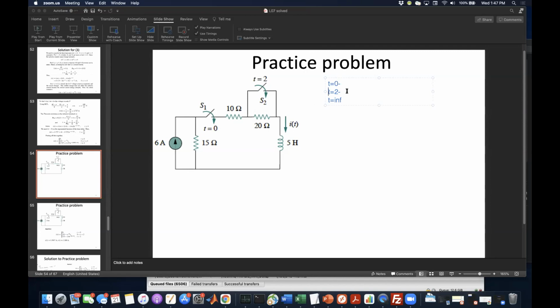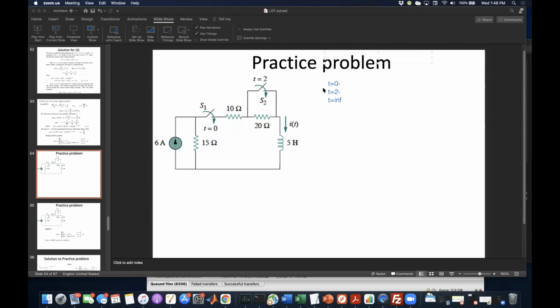Then the second switch happens at time equals 2, so we need to know exactly what was happening to the inductor current right before that second switch flipped. And then finally, we need to know, long after both switches have been closed, how much current is flowing through the inductor. To solve this circuit, there are 3 separate time instants.